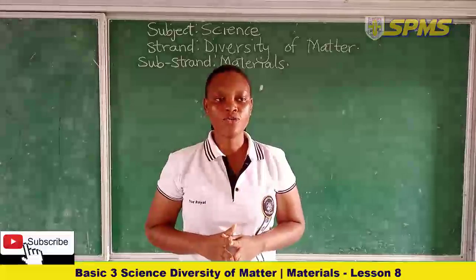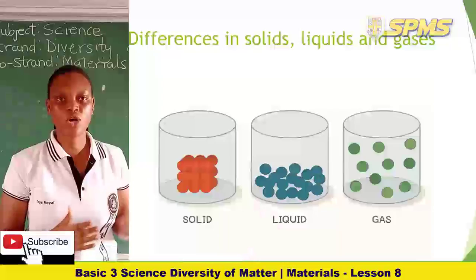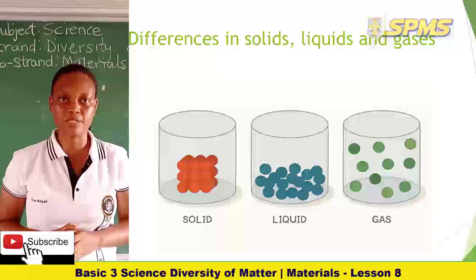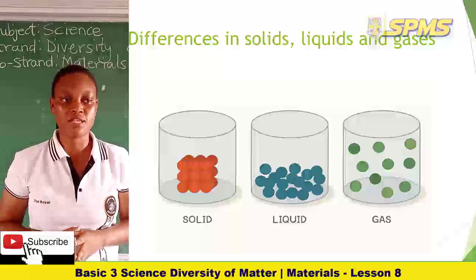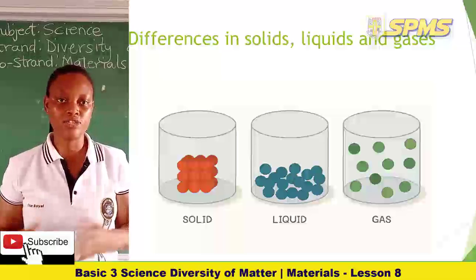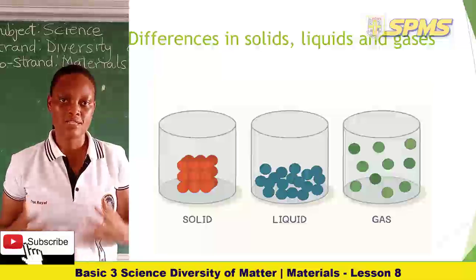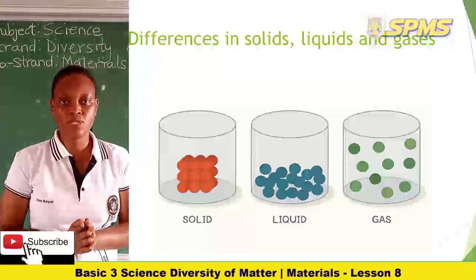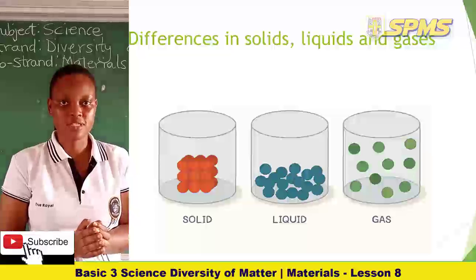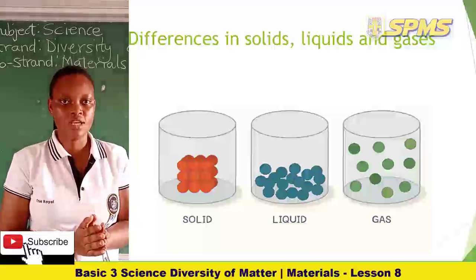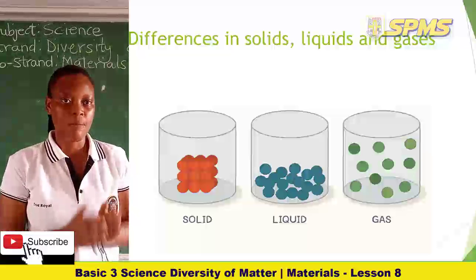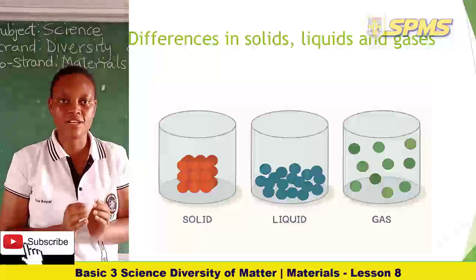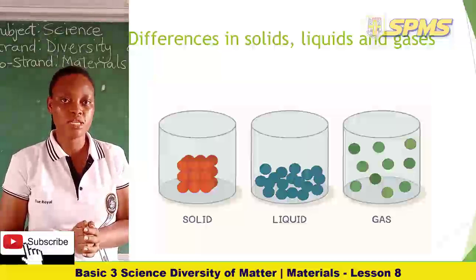So in conclusion, we can see a solid state of a substance, a liquid state of a substance, and then a gaseous state of a substance. So solids, we said, are firm, and they are in a fixed position. As we can see, they are together in a container.